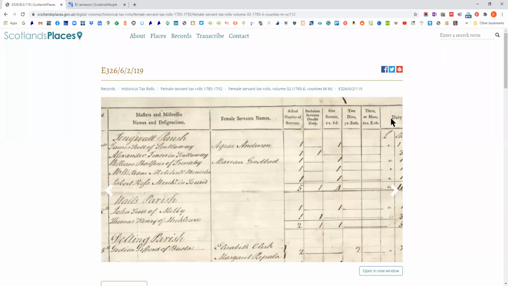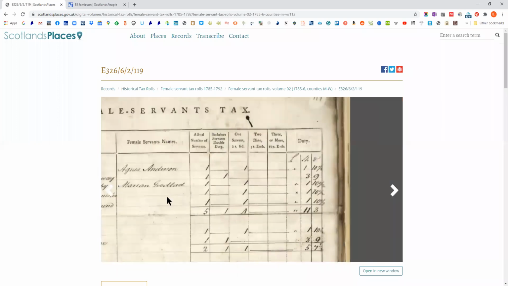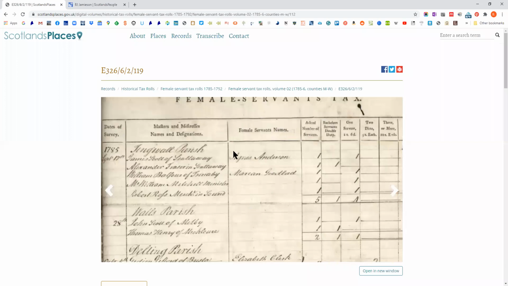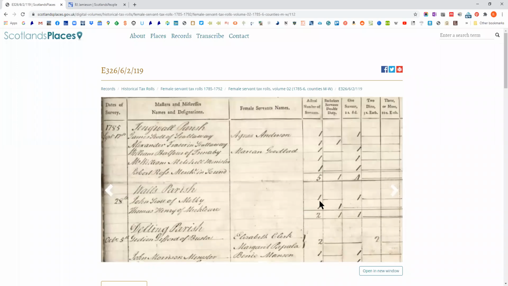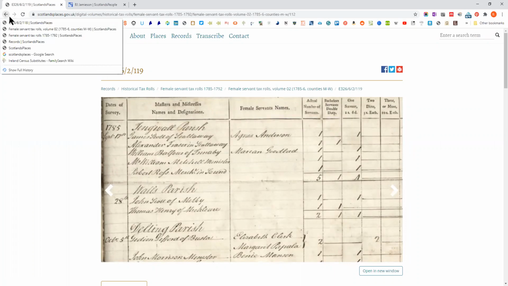So if you had one servant, you paid 2 shillings 6 pence, but for 3 or more servants, you paid 10 shillings each. So this is nice that on this you do get some of the female servants' names, which can be something that's very nice to get.